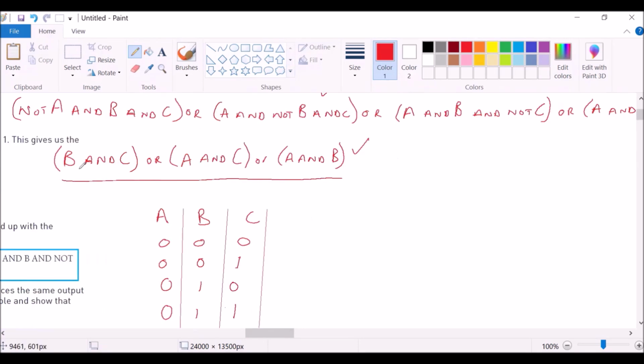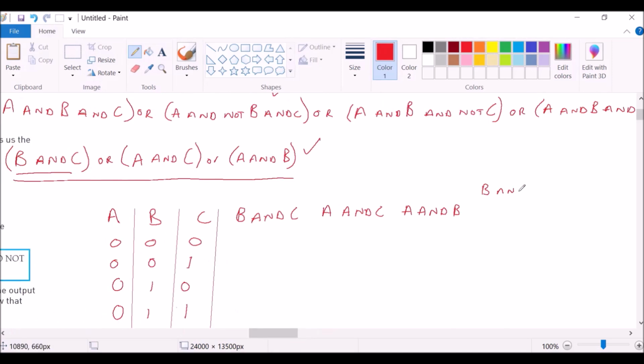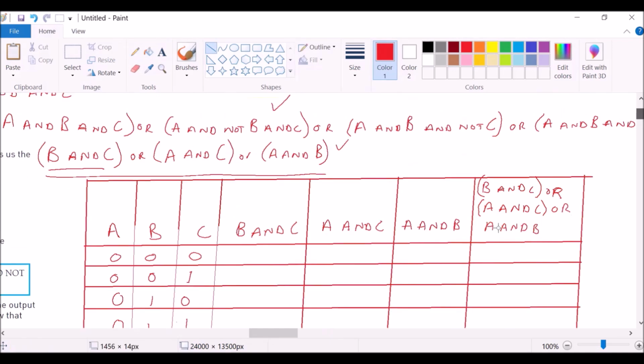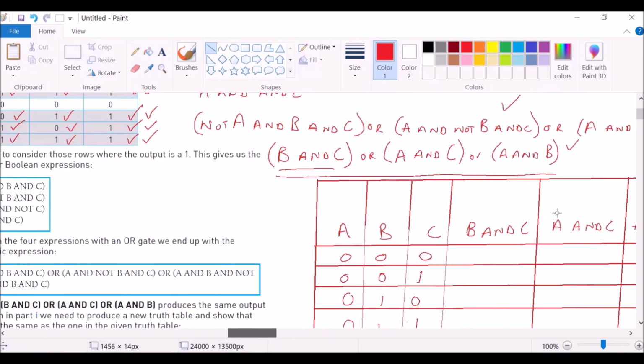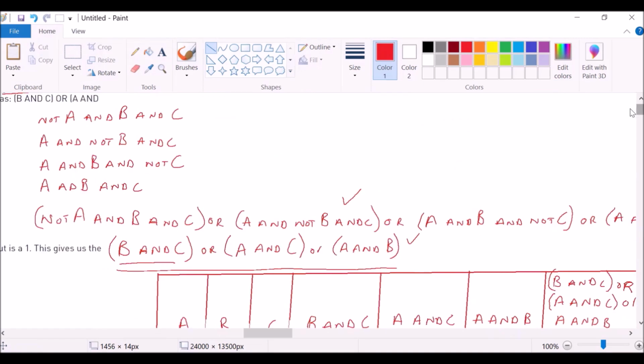So from the top, we start with B and C, then A and C, then A and B. Then finally, we work out B and C, or A and C, or A and B. So in the end, this column should be the same as that column. So let's start working it out.